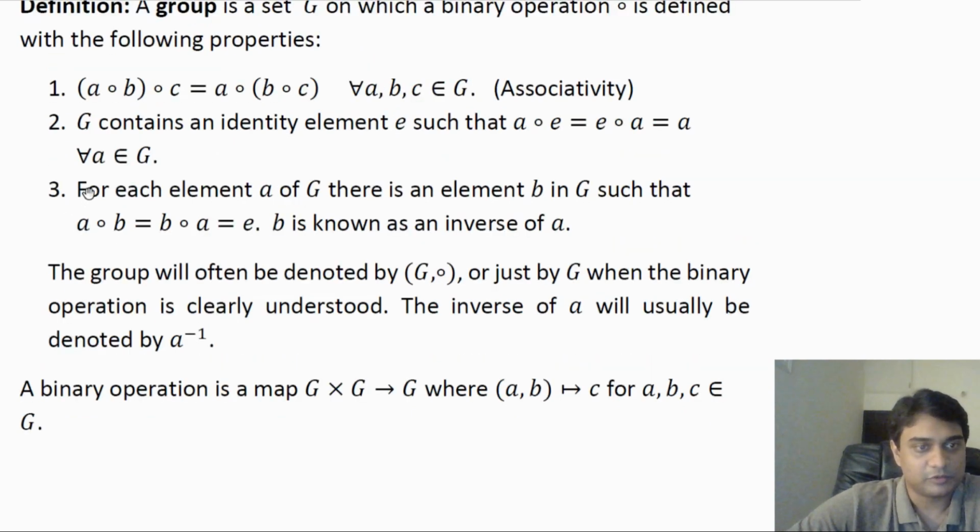And the third property is the existence of inverses. For each element A, there exists an inverse element of A, which we can call B. And inverse means that if we compose A with the inverse, to the right or to the left, so A circle B equals B circle A equals E, right?